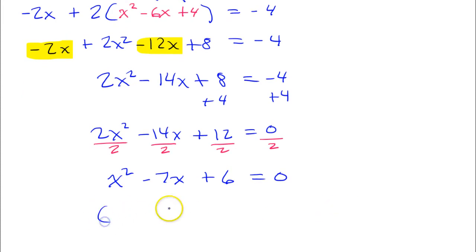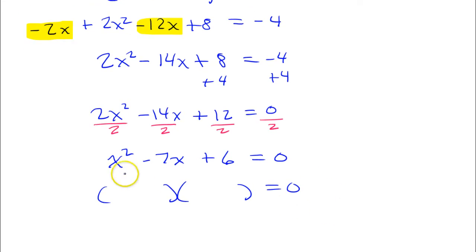So now this looks easy to factor, and that's what I'm going to try to do. X squared will be x times x. 6 could be 2 times 3, but looking at that 7, I'm thinking 6 times 1. Inner plus outer equals middle. Inner, I have 6x. Outer, I have 1x. I'm trying to get negative 7, so both of these would have to be negative.